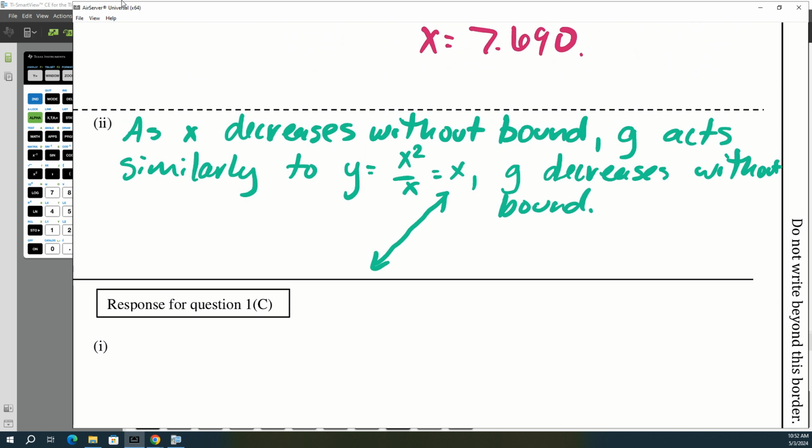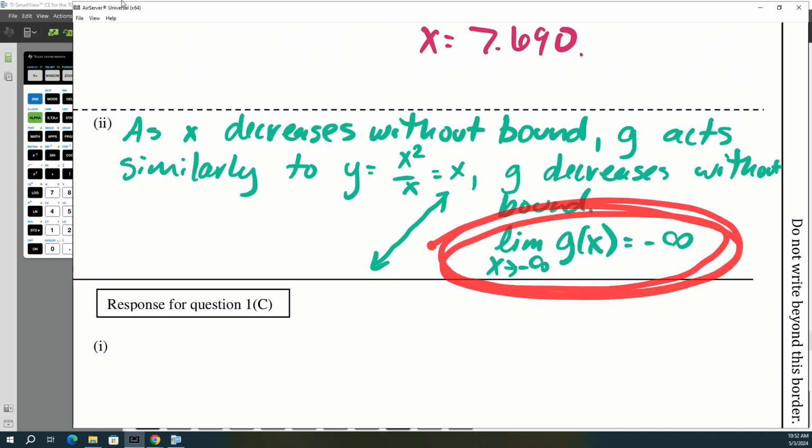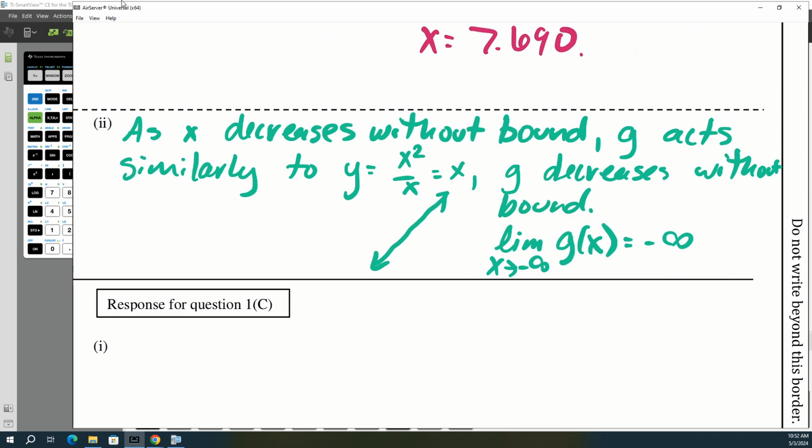So it's going to be the limit as x approaches negative infinity of g of x is also negative infinity. I think, honestly, if I'm guessing how they're going to grade the test, this might be all you need. But we're going to practice it all, and hopefully you'll put in what you need.